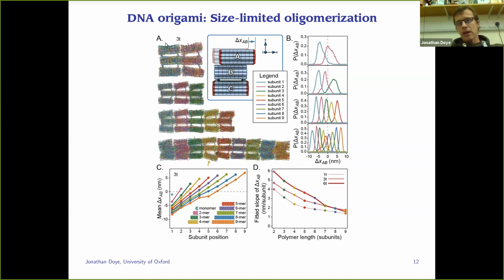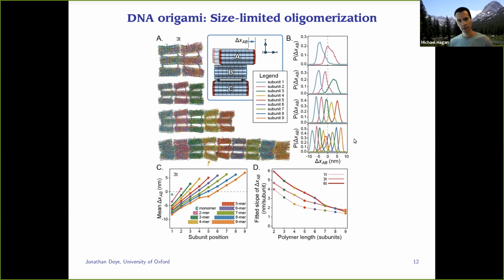They're probably a little bit narrower than for the monomer. But as you bind more and more of these, at the ends of the chain, the displacements become more extreme, so costing you more free energy, and the distributions become narrower as they're compressed together by the stress in the system.